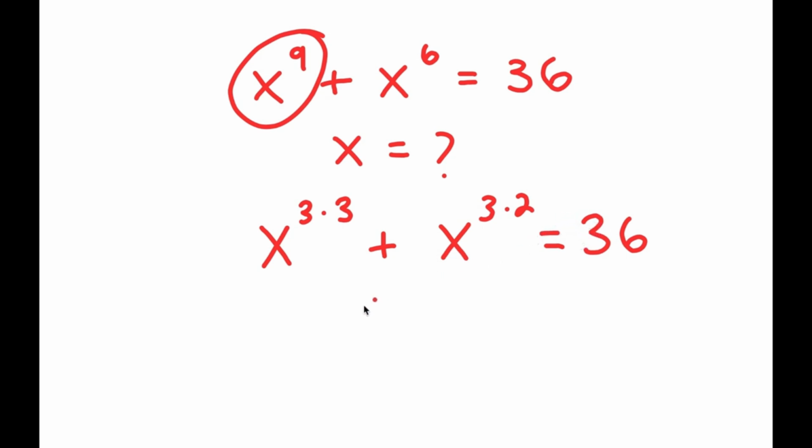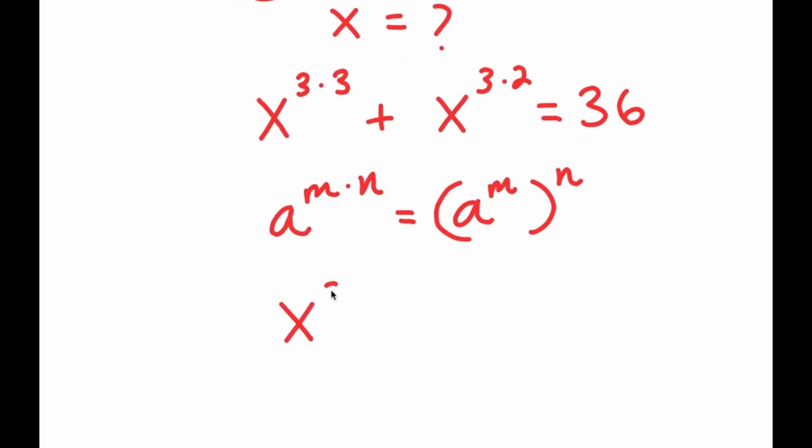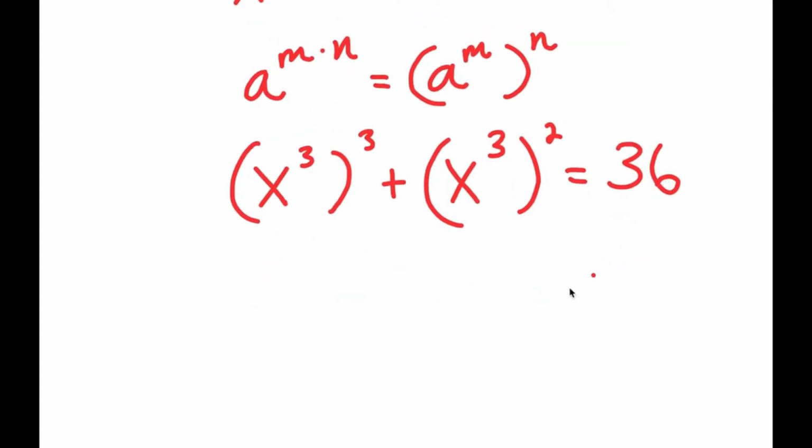Now from here, if I have something in the form a to the power of m times n, this is equal to a to the power of m to the power of n. So x to the power of 3 times 3, that's equal to x to the power of 3 to the power of 3, and x to the power of 3 times 2, that's equal to x to the power of 3 to the power of 2. And this is equal to 36.